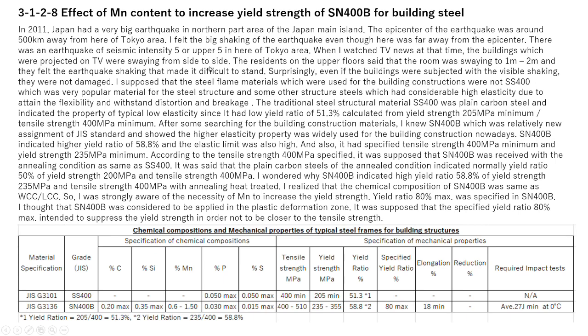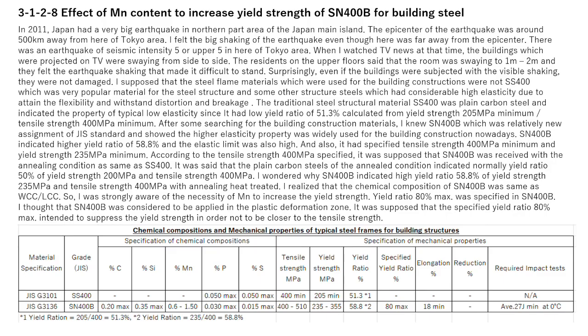The earthquake was of seismic intensity 5 or upper 5 here in the Tokyo area. When I watched TV news at that time, the buildings projected on TV were swaying from side to side.